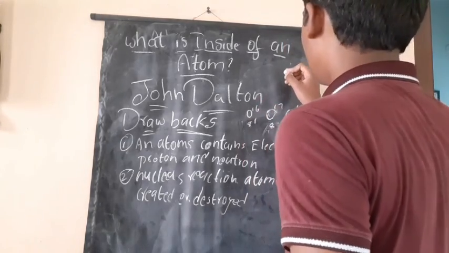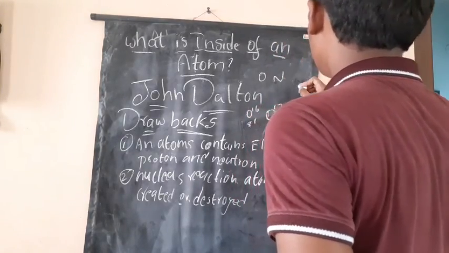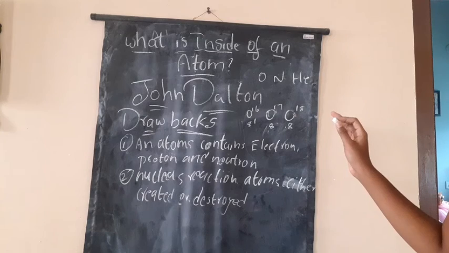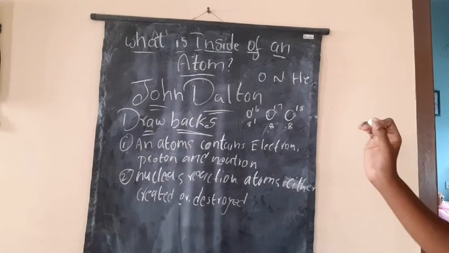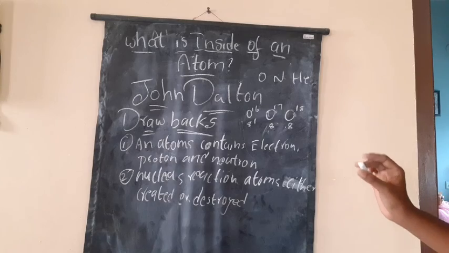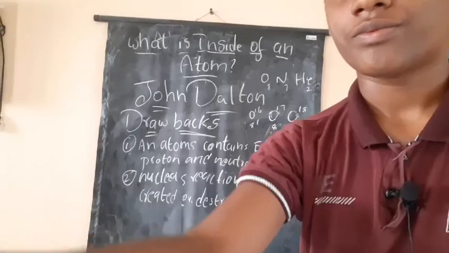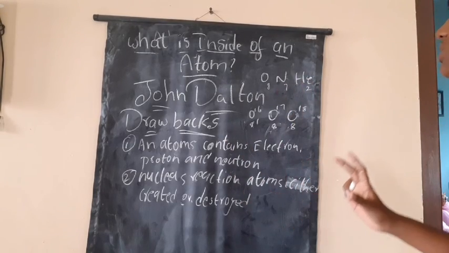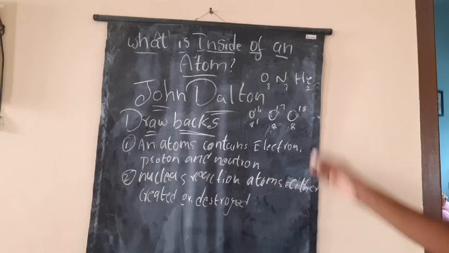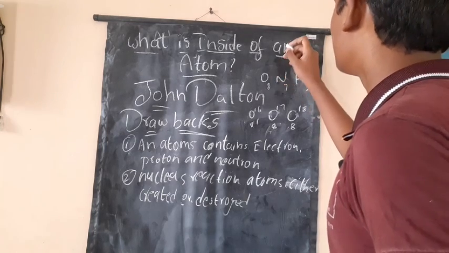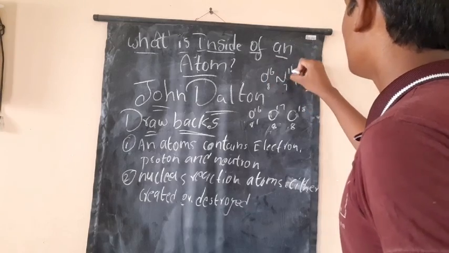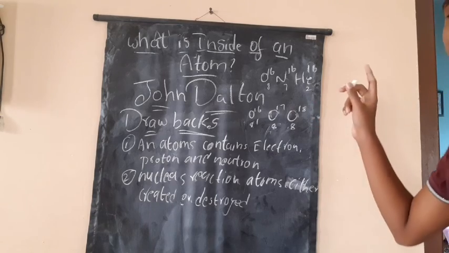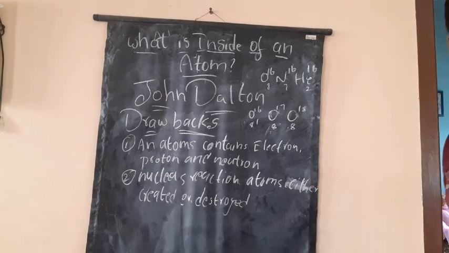Take oxygen, nitrogen and helium: three different elements with different atomic numbers but the same mass number, say 16, 16, 16. These are called isobars.